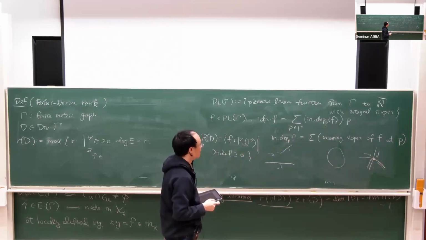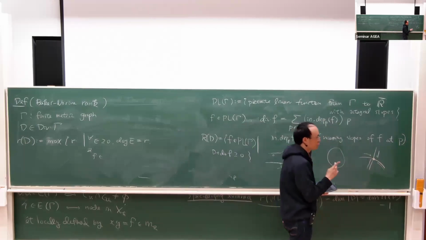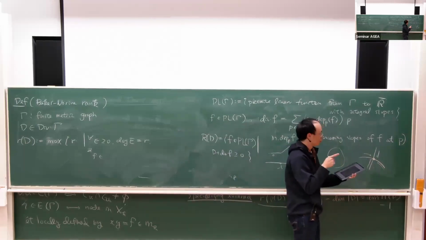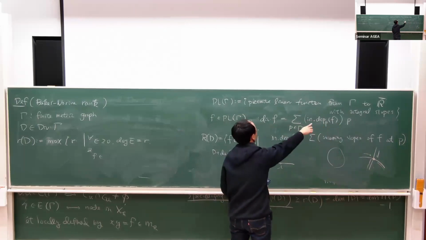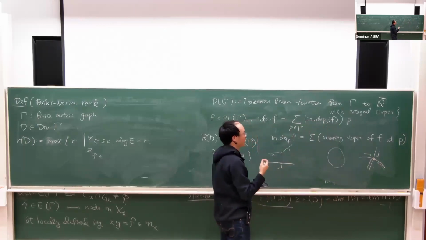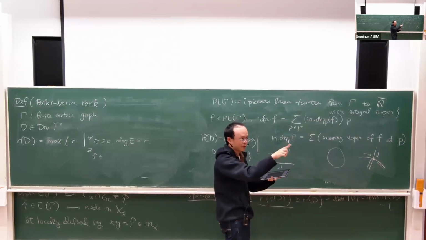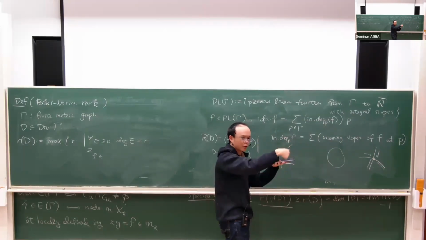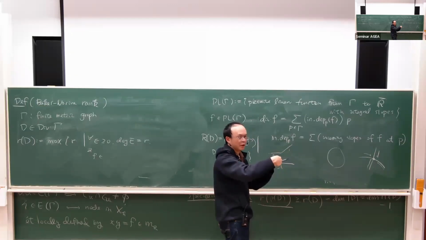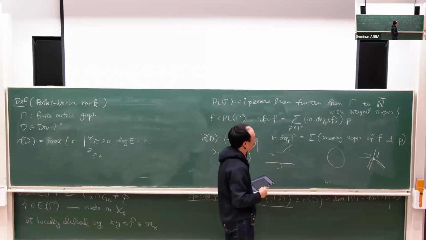Yes. For a general point, you only have 2 slopes to sum over, right? Yes, because a general point has valence 2. If the function is linear at the point, then the 2 incoming slopes cancel, so you don't have any divisor there. Why do the 2 slopes cancel?